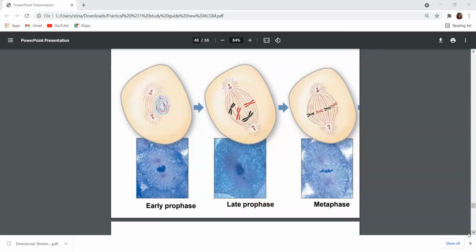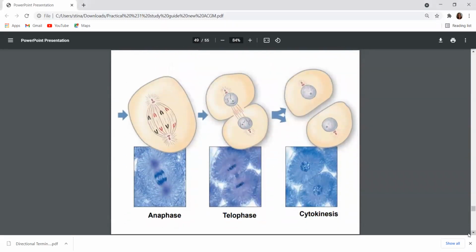Okay, so that's prophase and metaphase. Now we're going to do anaphase. So anaphase, you have the chromosome strings or the sister chromatids being pulled apart. You have some chromatids that are being pulled right here to this part of the cell.